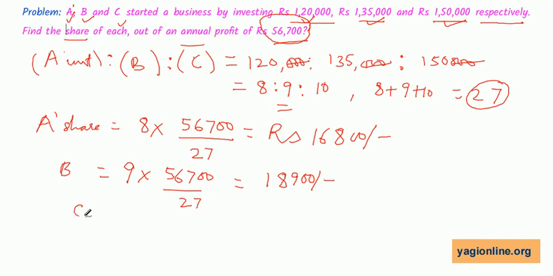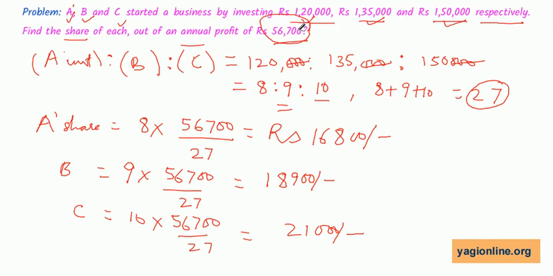Then what about C's ratio? C's ratio will be 10 units. So 10 into 56,700 upon 27, and that is 21,000.